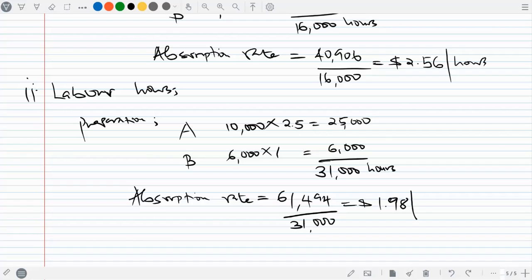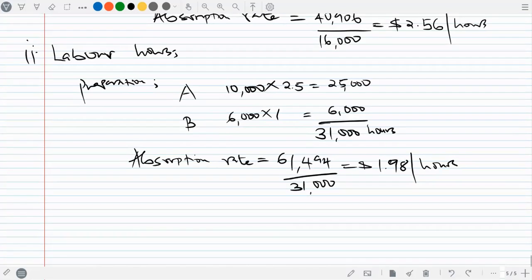This is cost per hour. So the absorption rate is $1.98 for every labor hour that the product takes in the preparation department. That's for the department.